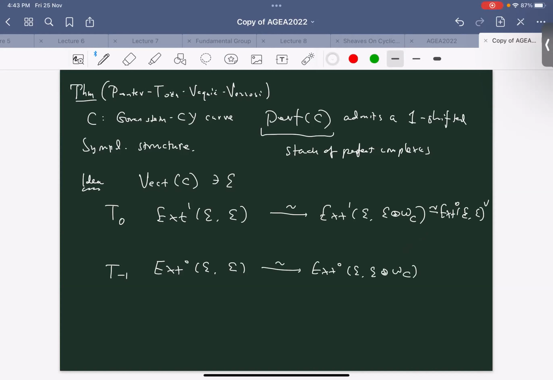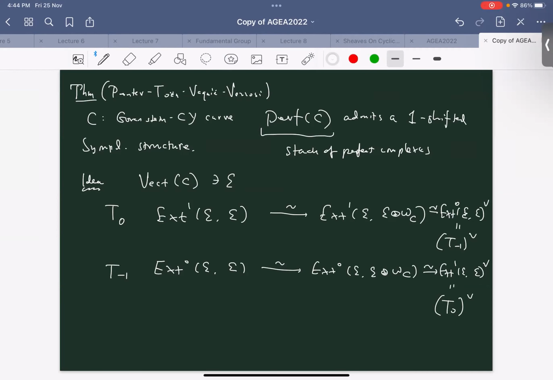This is an isomorphism because O_C is invertible. Sorry, it's trivializable. So this is nothing but T_{-1} dual, and this is T_0 dual. So you see that instead of T dual with omega, we get an isomorphism from T to omega, which is a 2-form.